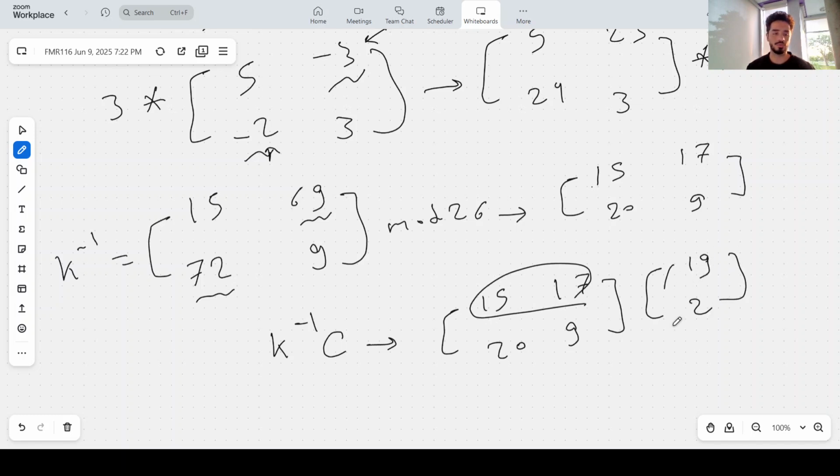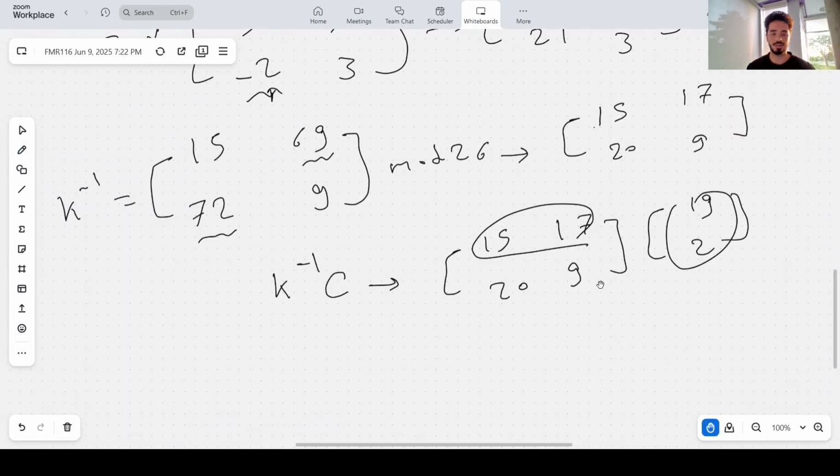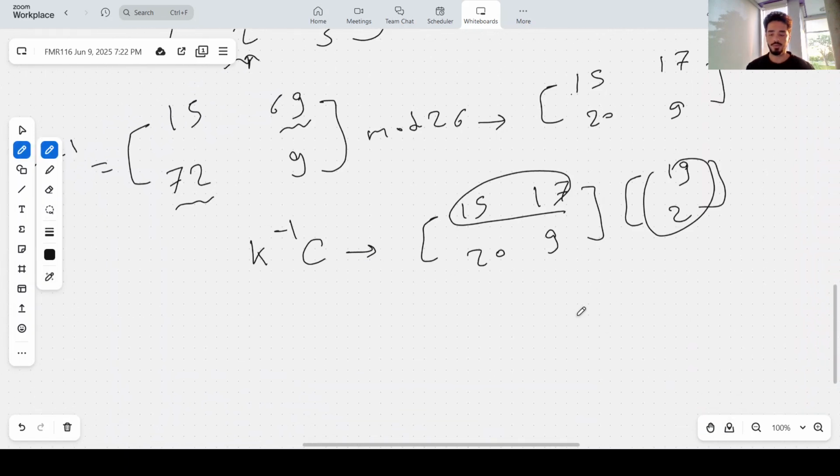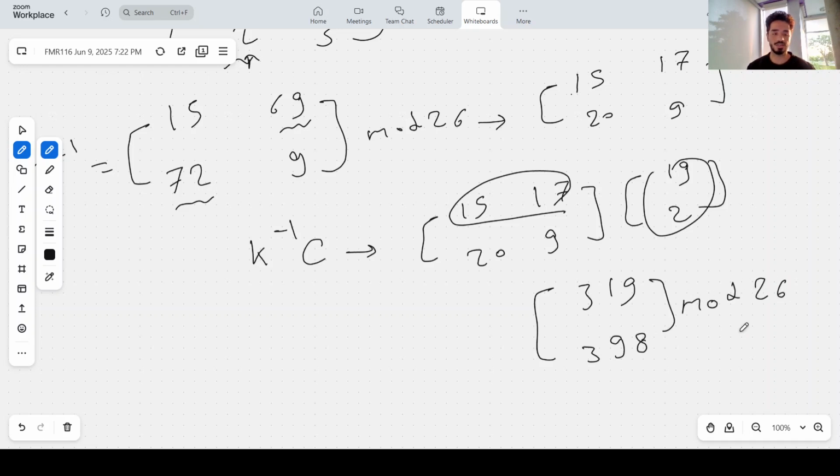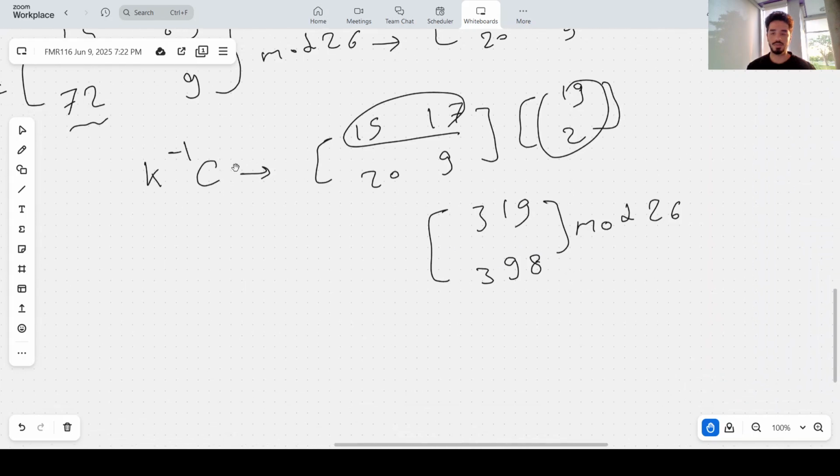When we multiply it, we get the following: 319 and 398. Now we need to get its modulus 26. So 319 modulus 26 is 7, and 398 modulus 26 is 8.